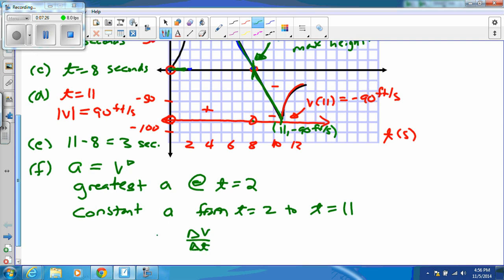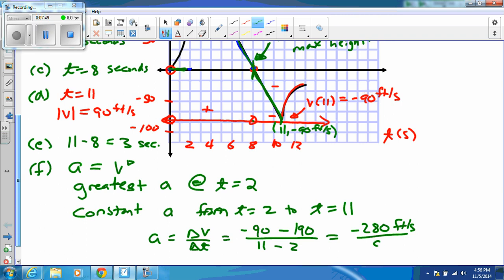So our change in velocity over change in time, the acceleration, is going to be final minus initial over final minus initial, 11 minus 2. That gives us negative 90 minus 190, which is negative 280 feet per second, divided by 9 seconds.